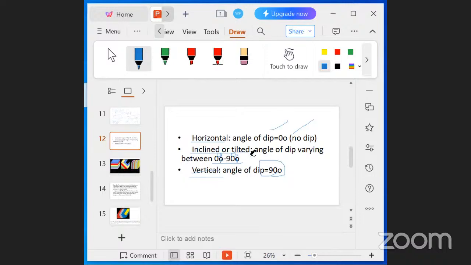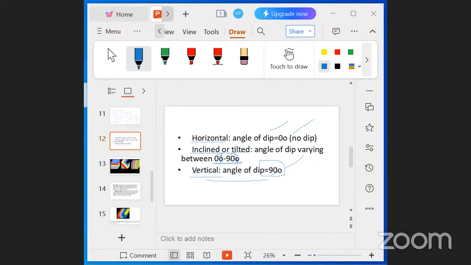Inclined or tilted means it is 0 to 90 degrees. And vertical means dip is 90 degrees only. Right? Remember this: deposition of the beds, horizontal, inclined, and vertical.